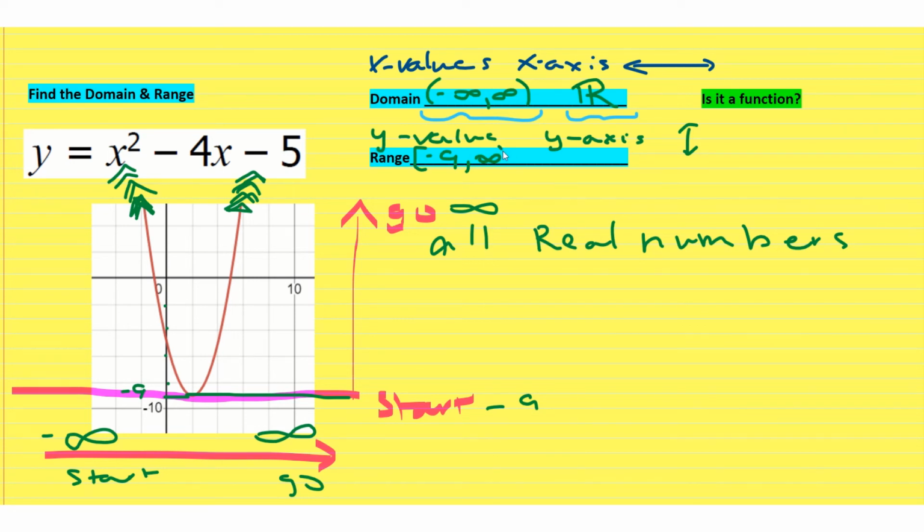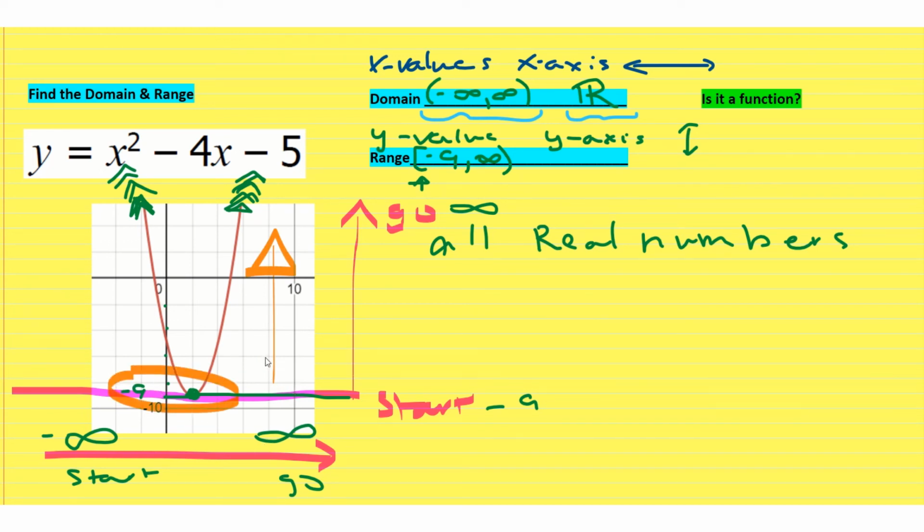You can never reach positive infinity, so you put what I call a soft close. The parentheses means soft close. You can never actually get there. It's not equal to infinity, but it is equal to the -9. I call this a hard box closure because it can actually be equal to the -9 at that point right there, the vertex. If we want to write it in terms of the y's, they are going to be greater than this -9.